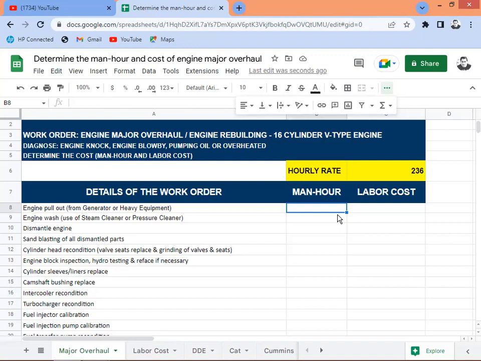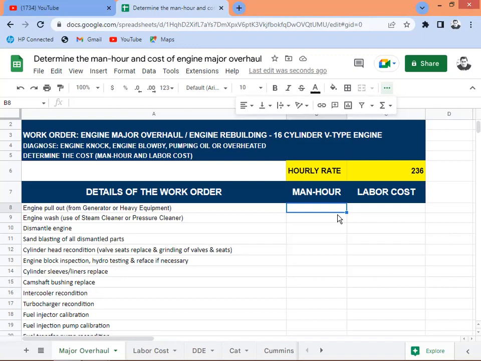But I'm just trying to get the average of this man hour, and this is coming from my experience in past employment where I was handling heavy equipment, including those huge Caterpillar equipment like bulldozers, haulers, payloaders, wheel loaders, scrapers, vibratory rollers.